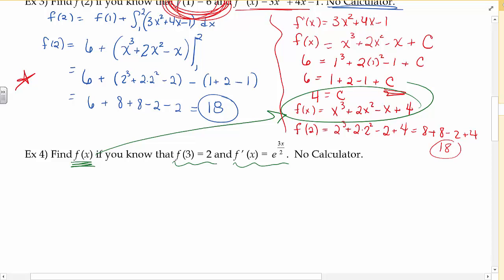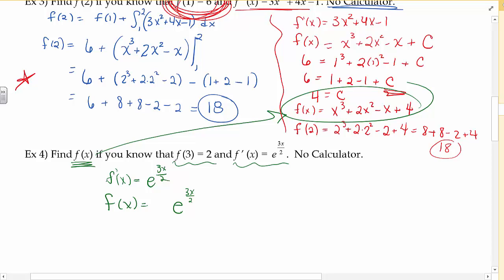In that case, you're forced into saying, well, I know that f prime is e to the 3x over 2, so then f is the antiderivative of this. All right, so when you take the antiderivative of an exponential, it's going to be the same exponential, and then I'm going to divide by the coefficient of x.